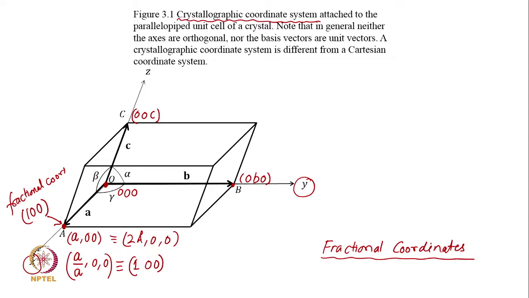So, even if you call it 1 0 0, I know that it is actually 1 times A. This will also become 0 1 0, I know that 1 is in the second place, so 1 times B, and this will become 0 0 1. So, I will say it is 1 times C, because 1 is in the third place.